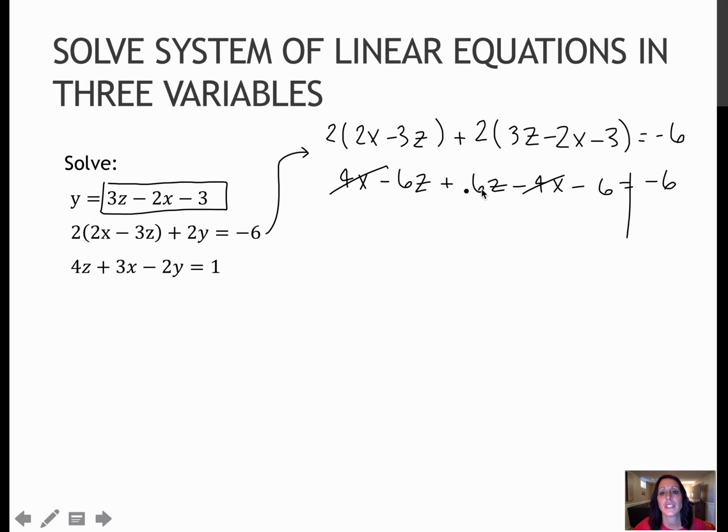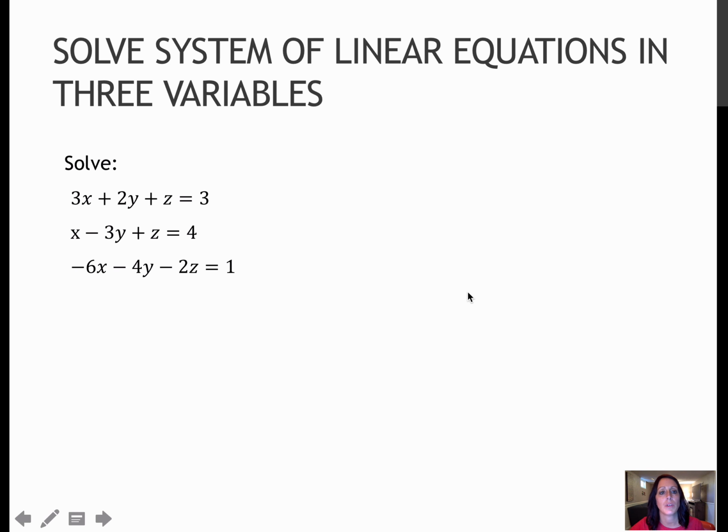I have negative 6z and positive 6z that are like terms that cancel to 0, which leaves me with negative 6 equals negative 6. So just as before, when all of our variables went away, we said that this was called consistent and also dependent, because it was the same equation twice. So we would say there's infinitely many solutions, or that it's consistent dependent.